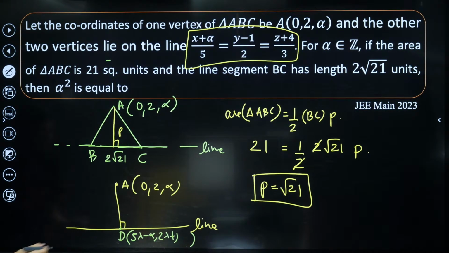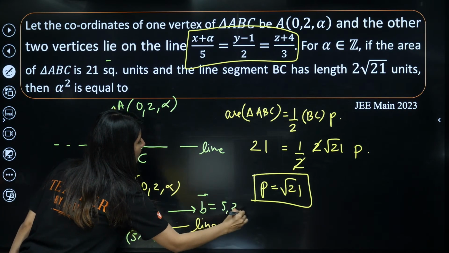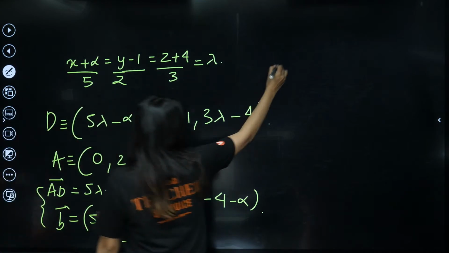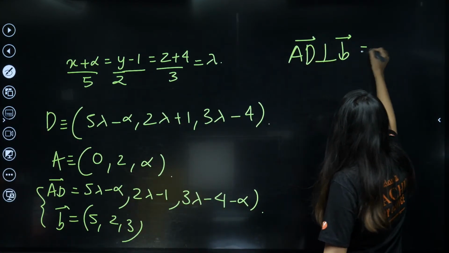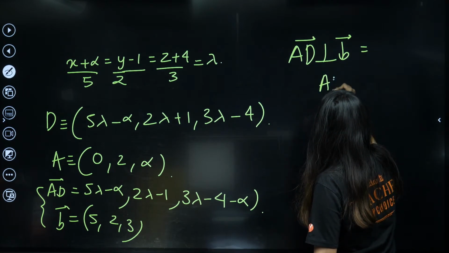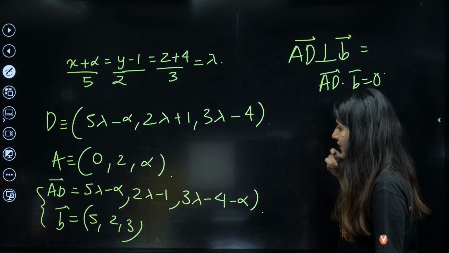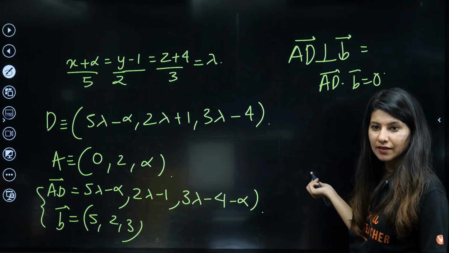AD vector is perpendicular to b vector, which is 5, 2, 3. So dot product AD dot b is 0. Make it 0, right? Get the value of lambda, right?